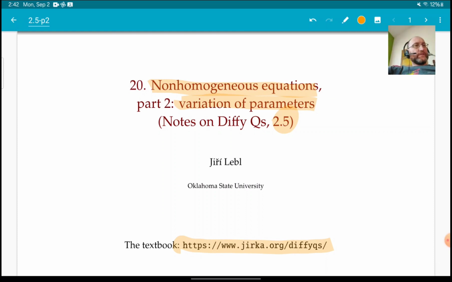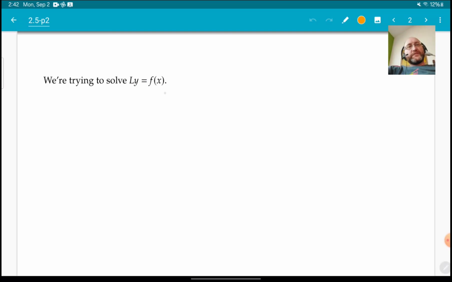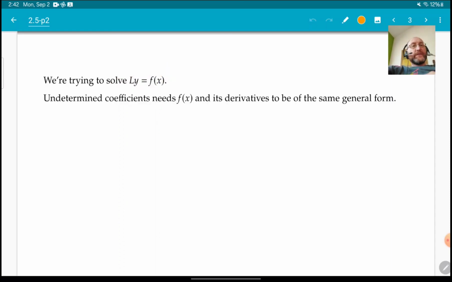All right, so we're still trying to solve this equation where L is a differential operator and F is some function, some right-hand side, some non-homogeneity over here.